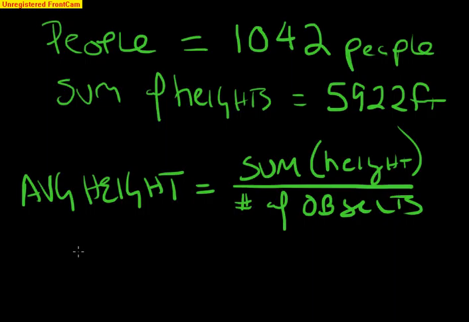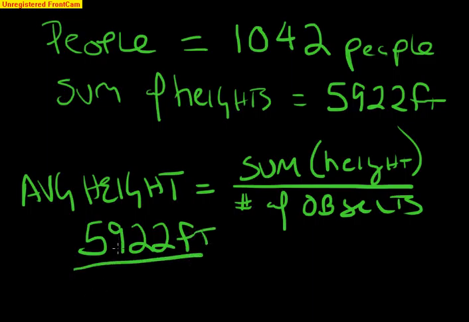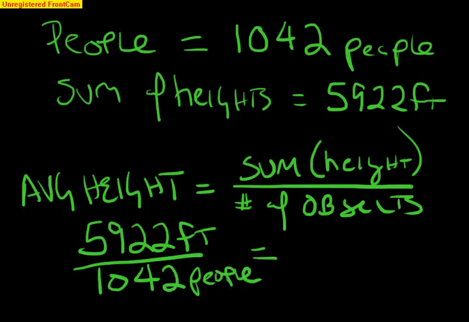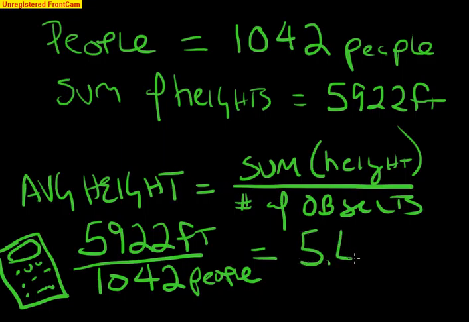In this case, that will equal 5,922 feet, and we're going to divide that by 1,042 people. So we're going to get our calculator out again. And when we run that through the calculator, we come up with an average of 5.68 feet.